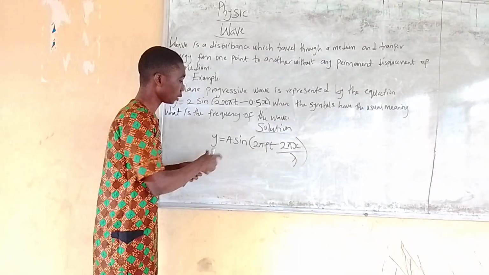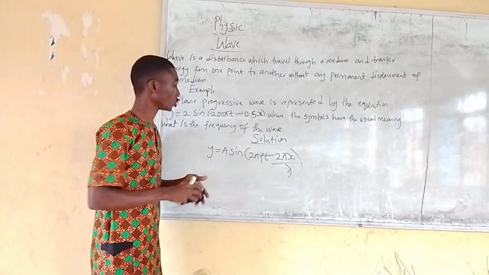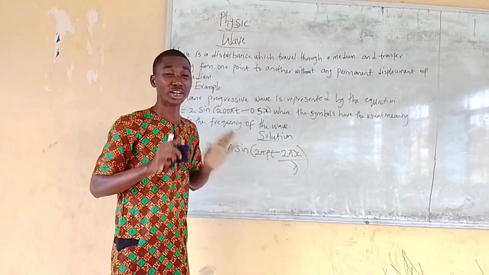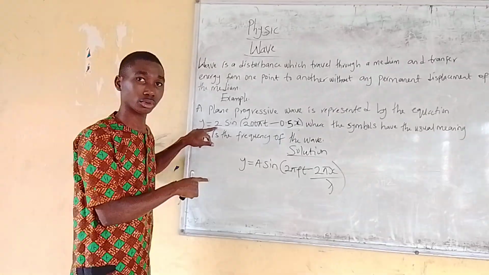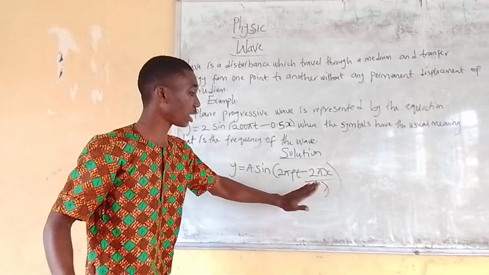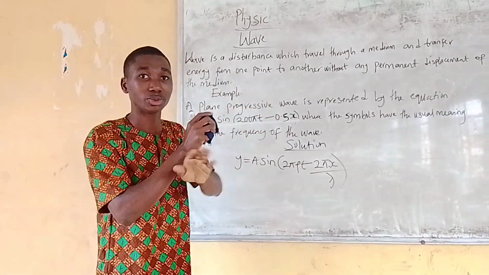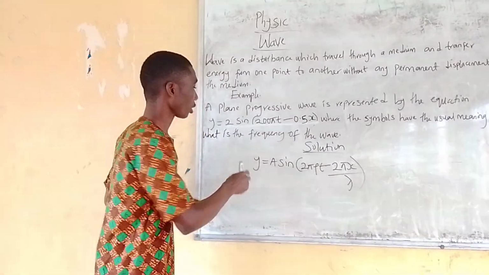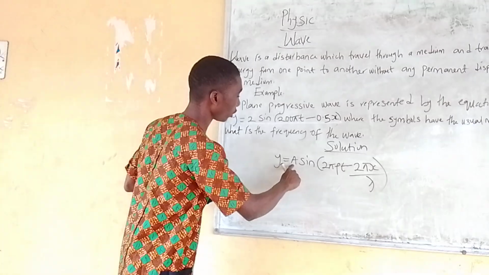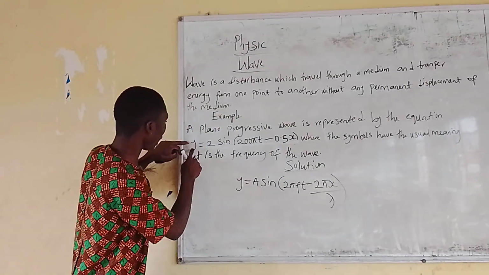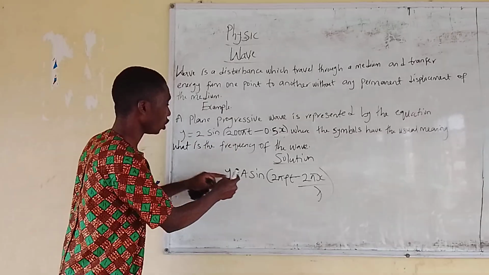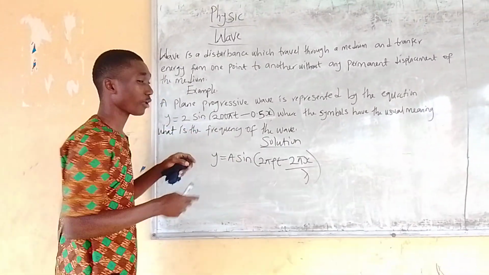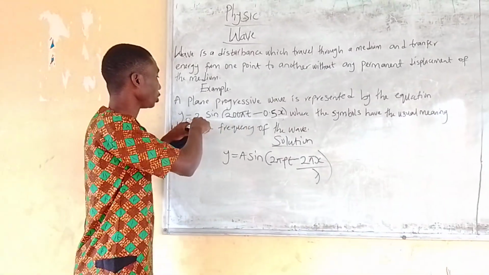Remember, the A here is the amplitude. If you are to find the amplitude, it is very simple. Just compare them and you will see the answer in this formula. In place of this A we have 2, so the amplitude is 2.